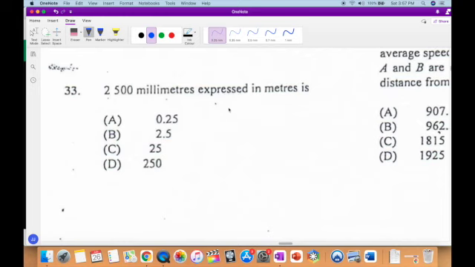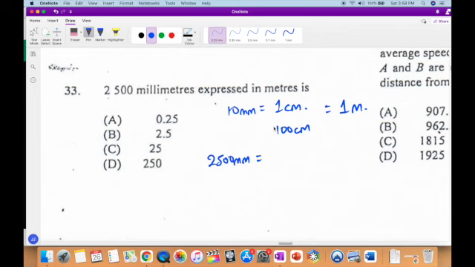Well, I have 10 millimeters is 1 centimeter. Right? And I have 100 centimeters is 1 meter. So therefore, if I have 2,500 millimeters, that will be multiplying by that, expressed in meters, 1 centimeter.